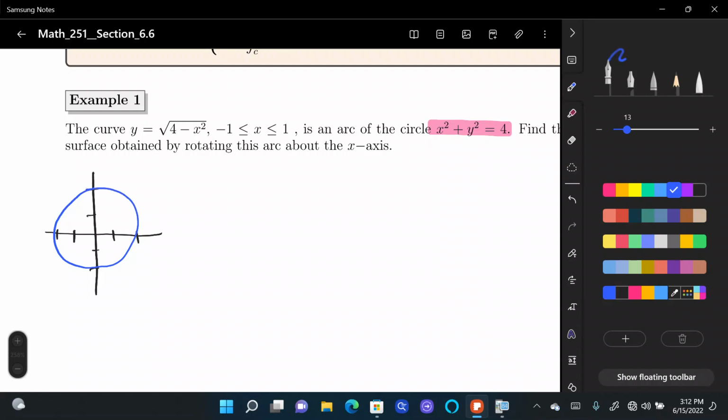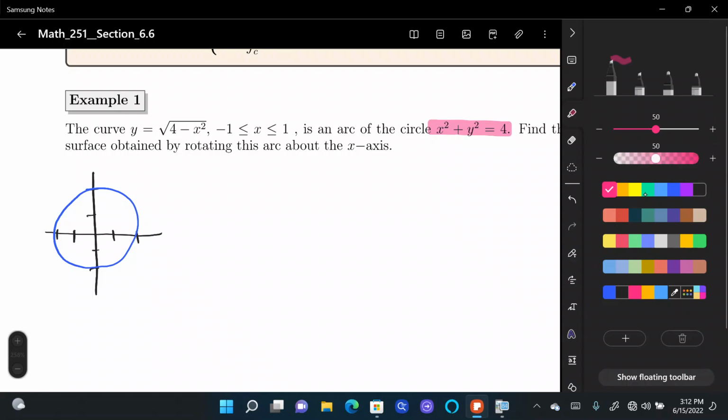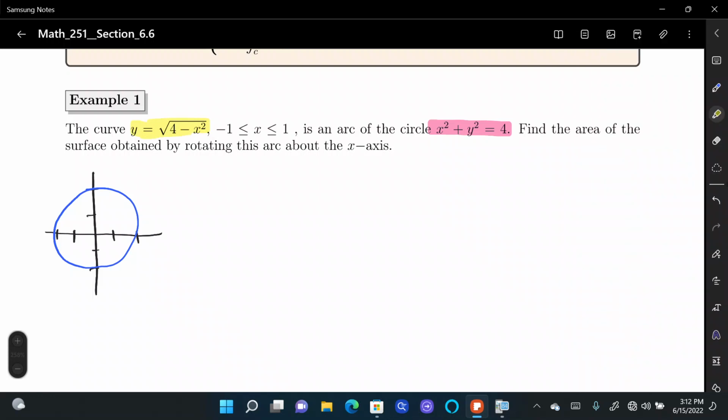However, we don't want the whole thing. Number one, that radical function that they're giving us at the beginning of the problem. Recall that x squared plus y squared equals 4 is the same as saying y squared equals 4 minus x squared, and y equals plus or minus the square root of 4 minus x squared.